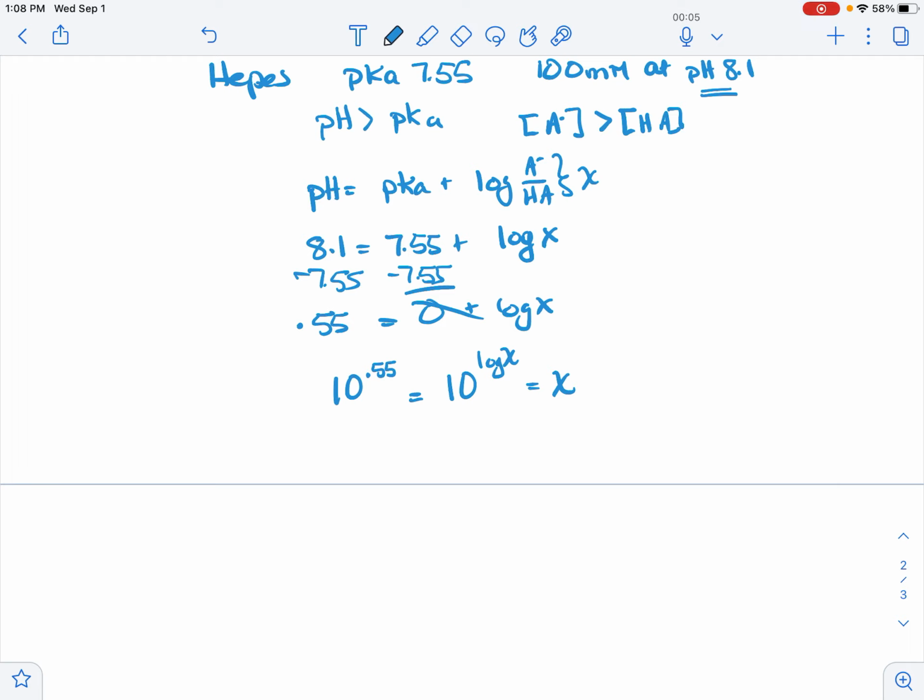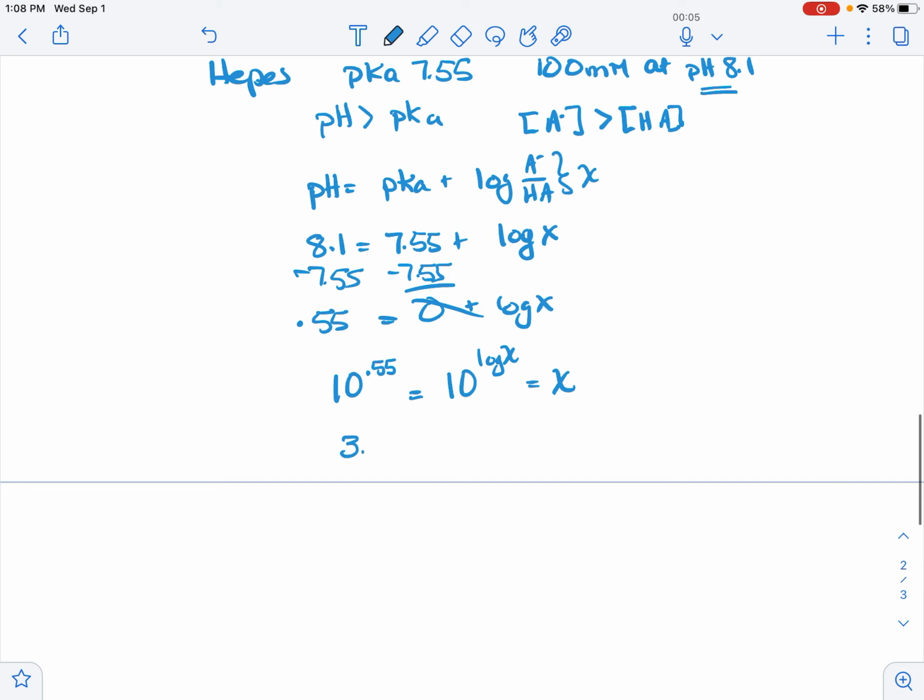And 10 to the 0.55 is 3.54, or 3.55, is equal to X. That is our ratio of A minus to HA. And that is the first part of the question.